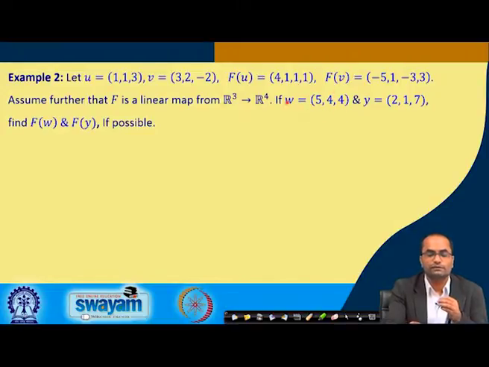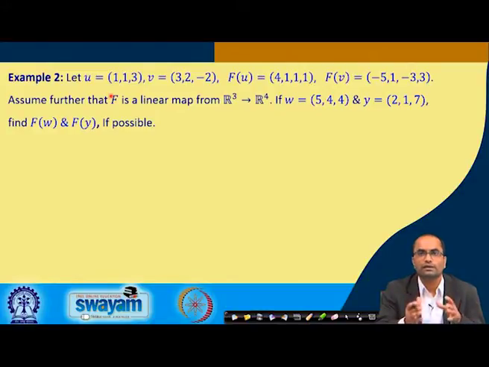If we can write w as a linear combination of u and v, then we can also find out f. And similarly with y also, if we can write y as a linear combination of u and v, then we can apply the transformation f on y, and write it in terms of u and v, and that will be the image of y.